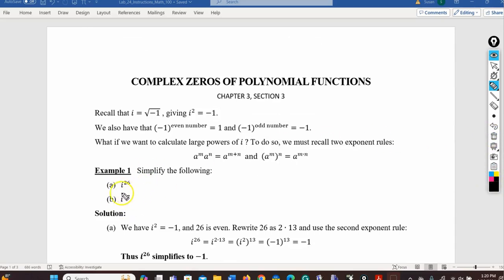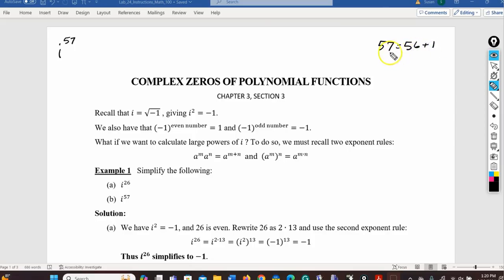Now let's look at B. Now 57 is not an even number, so I can't solve this the way I did in part A. I have to try and rewrite this using an even number. And so what I'm going to do is rewrite 57 as 56 plus 1.